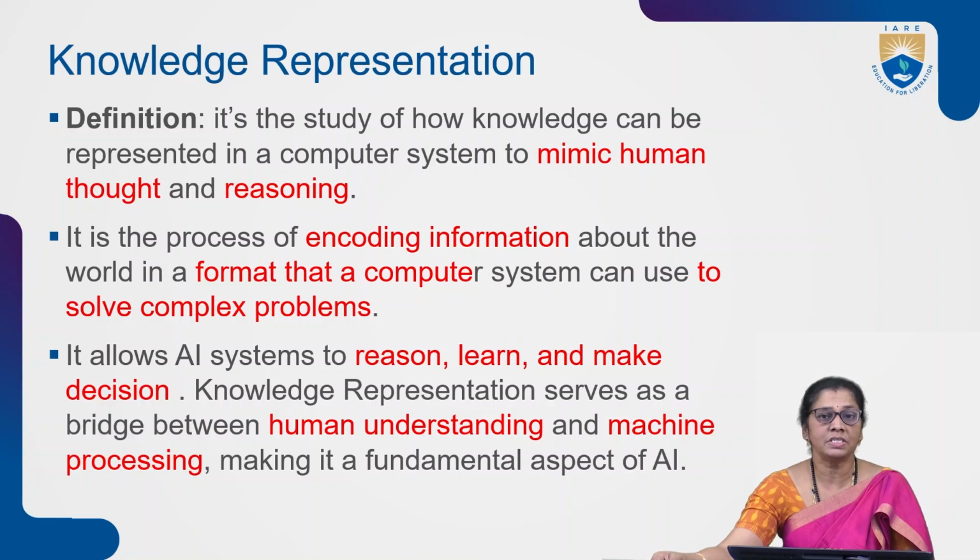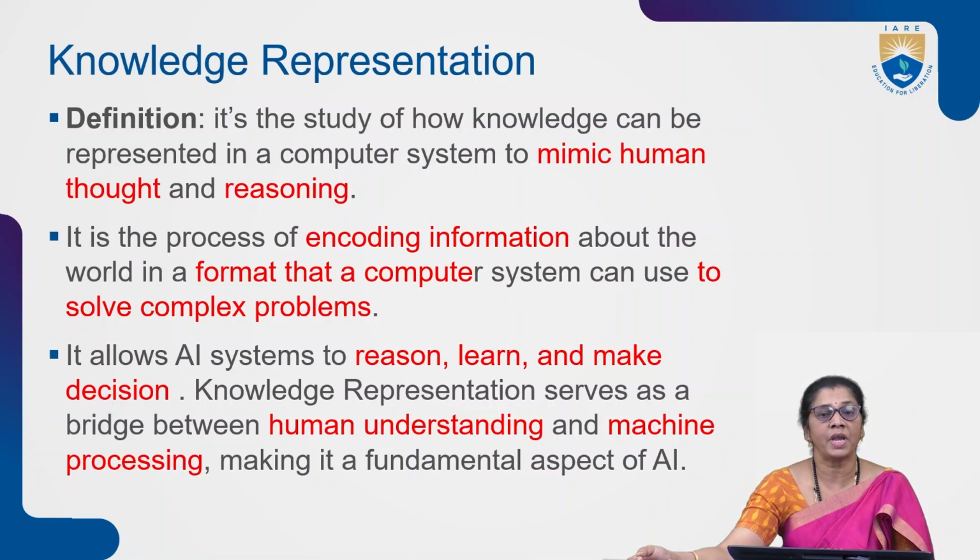The formal definition says it is the study of how knowledge can be represented in a computer system to mimic human thought and reasoning. So here we are trying to mimic how humans think, what the cognitive skills of humans are, and how humans reason about a particular situation or decision.